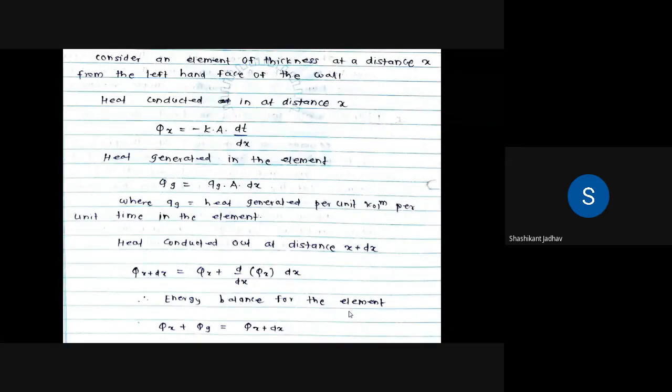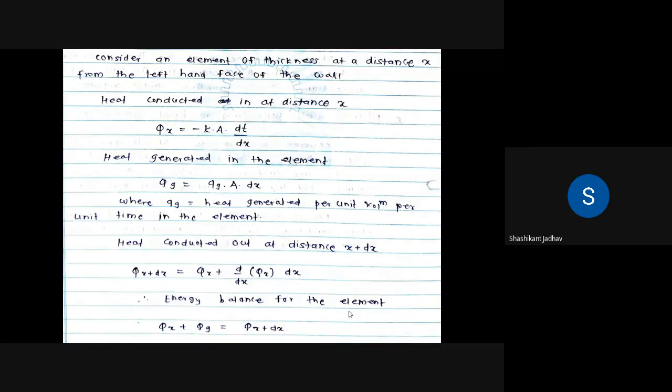This is the energy balance equation for that particular small element, that is, how much heat came in and how much heat went out.